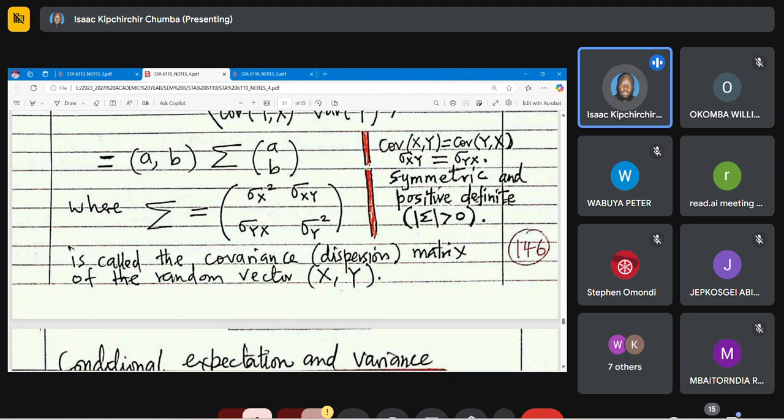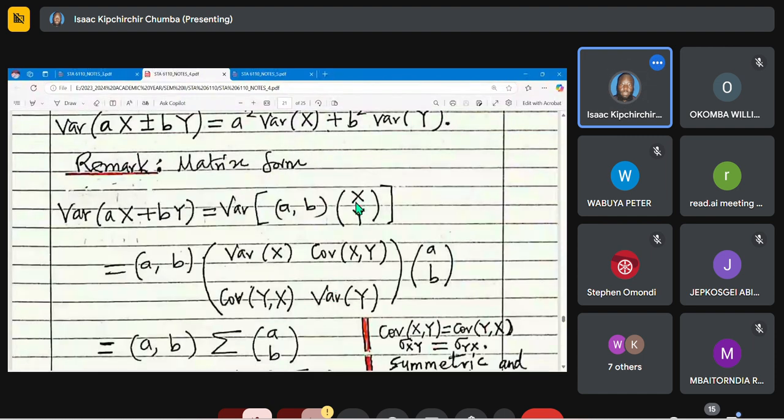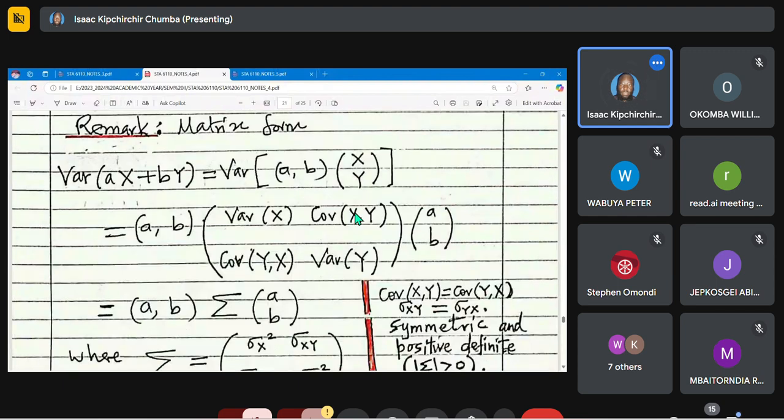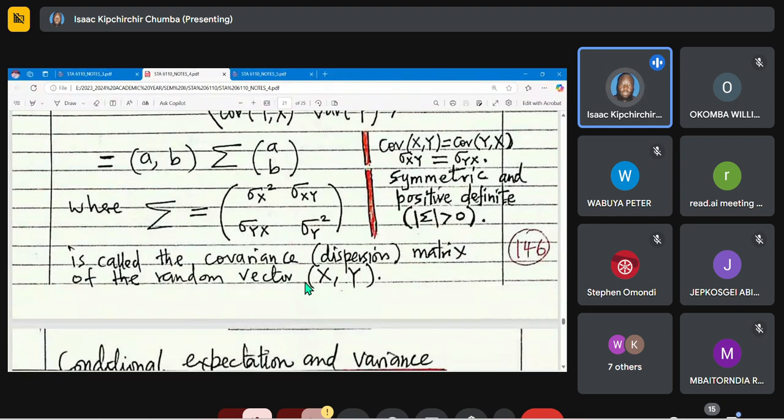But when we have more than one random variable, like in this case, two, we need a covariance matrix of the random vector. This is a random vector of dimension 2. So we call this the covariance matrix of the random vector, or simply put, the dispersion matrix.